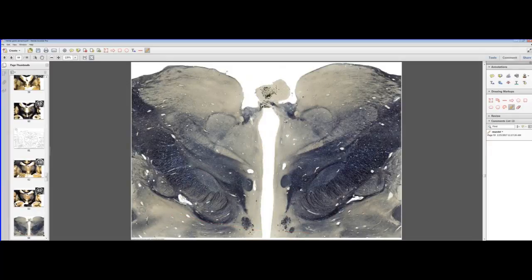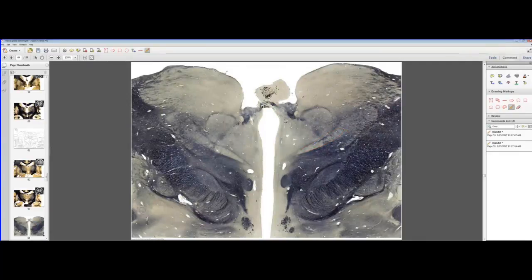And the reason we end up needing to use this is because it's got the VPL and the ventral posterior medial nucleus of the thalamus here. So you had those in your lectures.